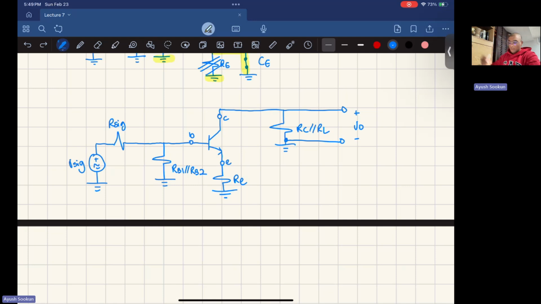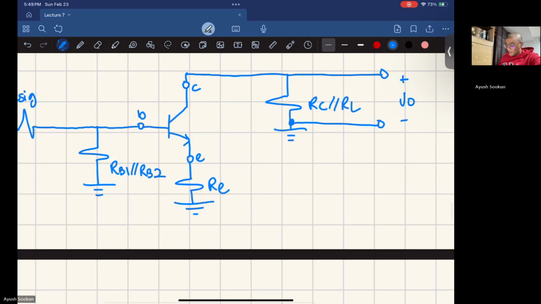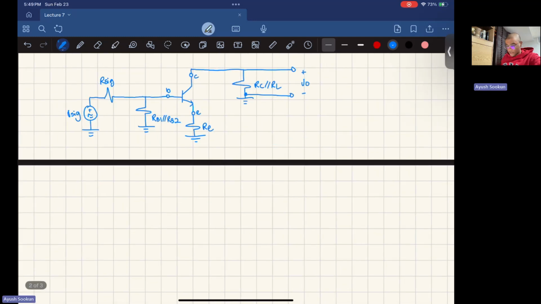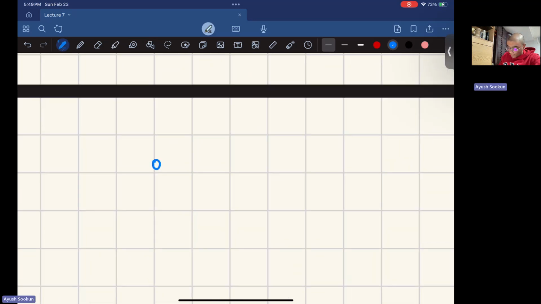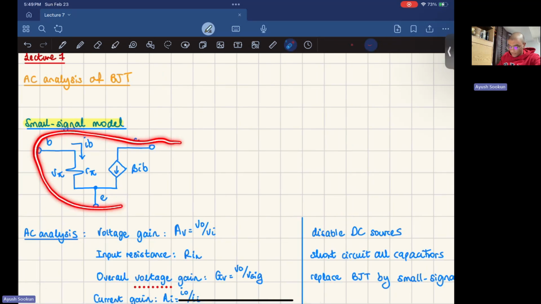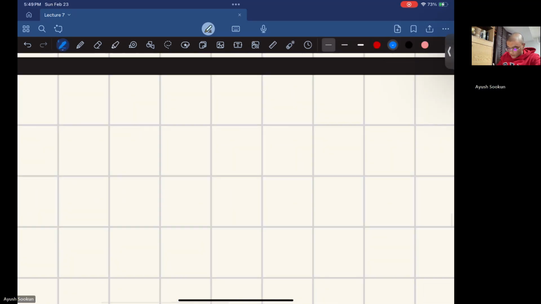Okay? So now we'll replace our transistor by a small signal model. To do this, I recommend drawing the small signal model first and then doing the necessary connections. Here is my small signal model, and you're going to have to memorize this. This is my base connected to R pi.